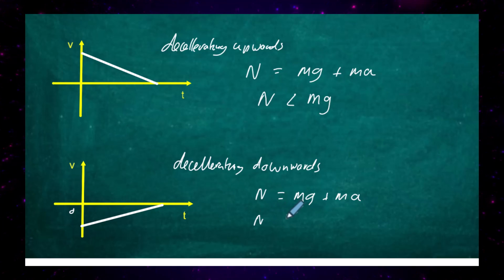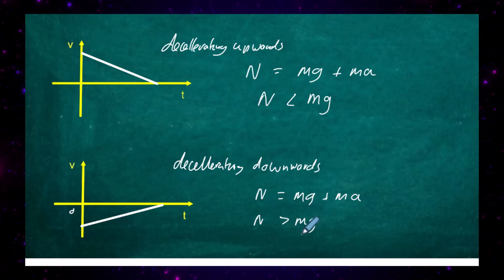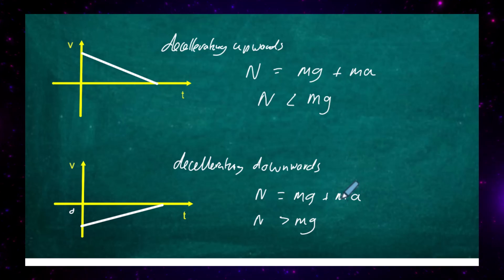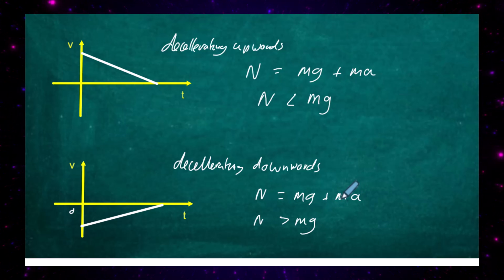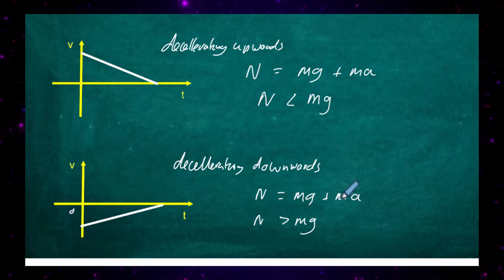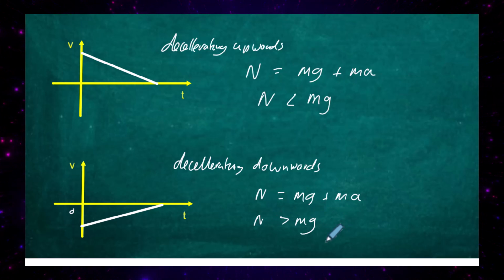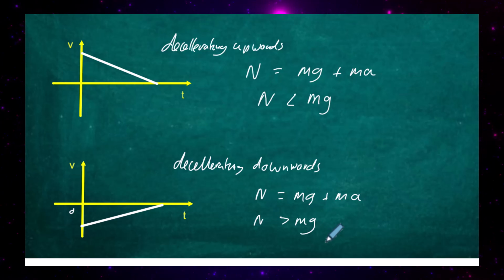So N is going to be greater than mg in this case, because ma will be positive. So when you're decelerating downwards, when your lift is coming to a stop, going down maybe to the bottom floor, you feel heavier, because according to the equation, the normal force will be greater than the weight of the person.